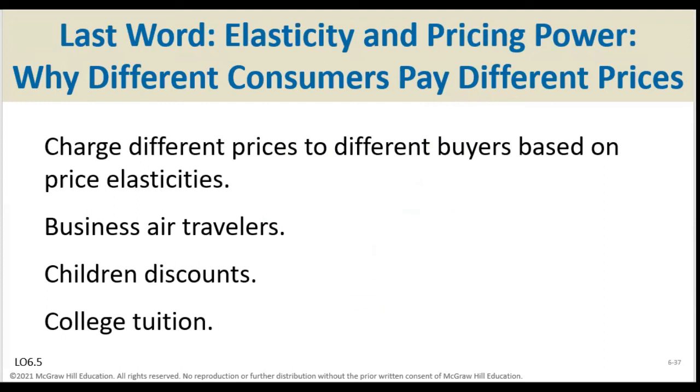In the last word of the chapter, I talk about the market power of some firms. Firms have market power and pricing power that allow them to set their product at a price that is best for them, because the desired outcome for a firm is to maximize profit.